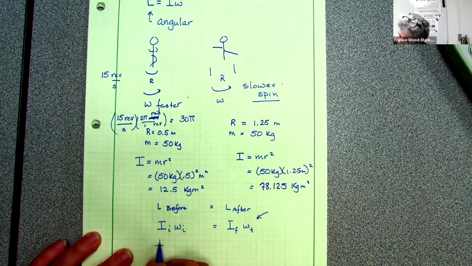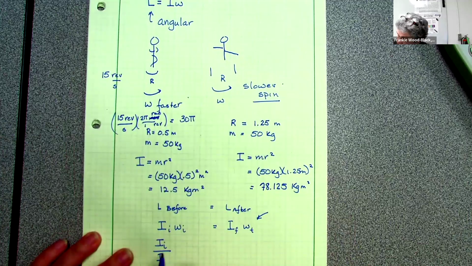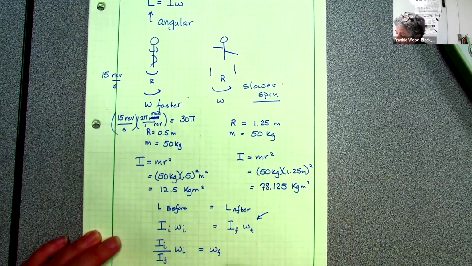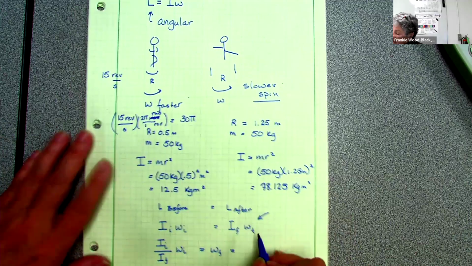So I initial divided by I final, times omega initial, is going to equal my new omega final.